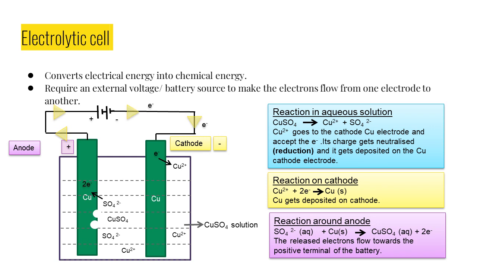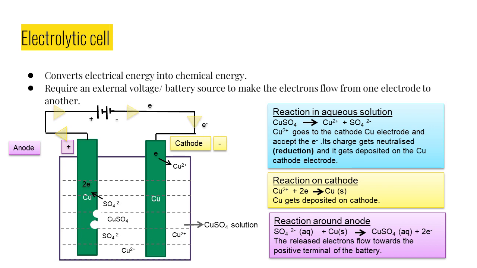And since this cathode is attached with the negative terminal of the battery, it will be negative. The other electrode where oxidation is happening, meaning it is losing electrons, will be the anode. An ox: A for anode, O for oxidation. And since this is connected to the positive terminal, the anode will be positive.